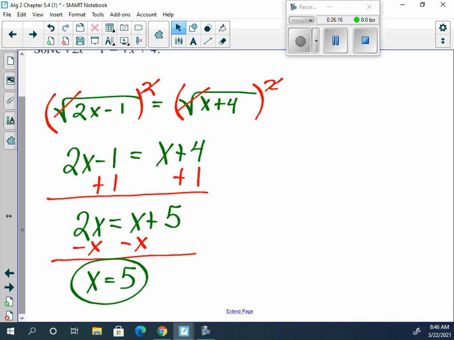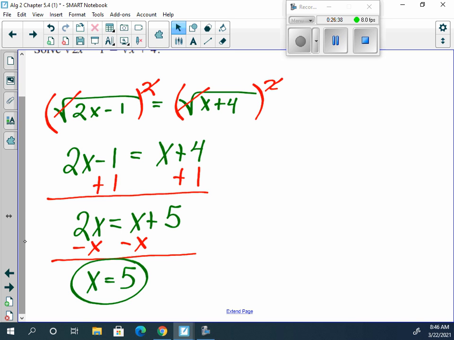So the real nice thing with this here is because since there's 2 radicals and there's nothing else added or subtracted, we can get them on both sides, square it, and the radicals go away. And then we're just really solving the equation, 2x minus 1 equals x plus 4. Add 1 to both sides, subtract x, and we get x is equal to 5.